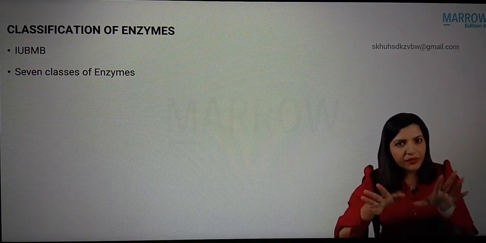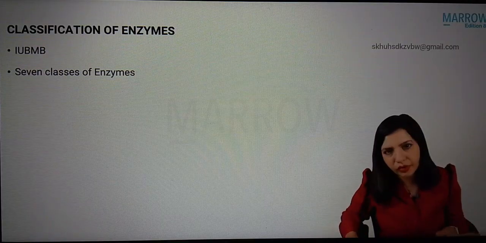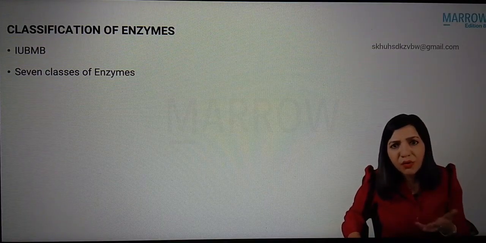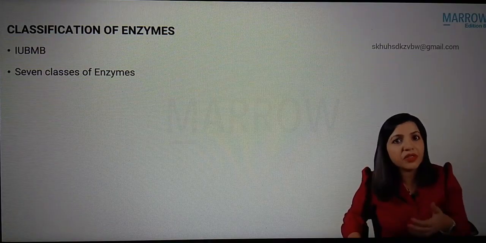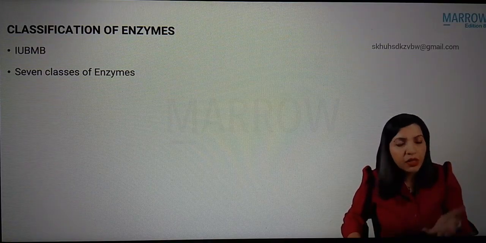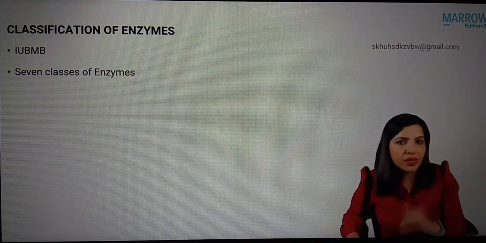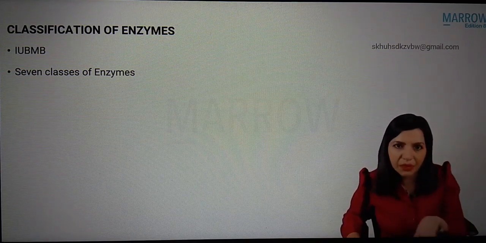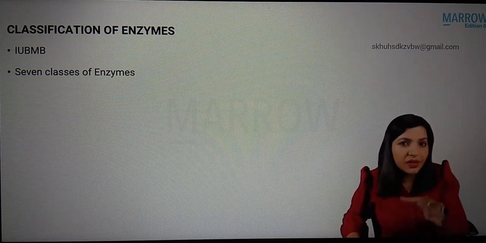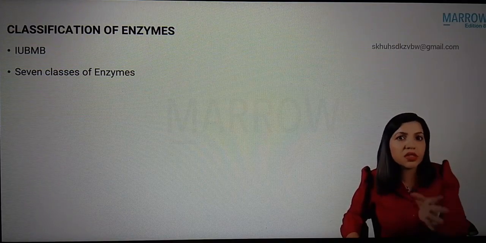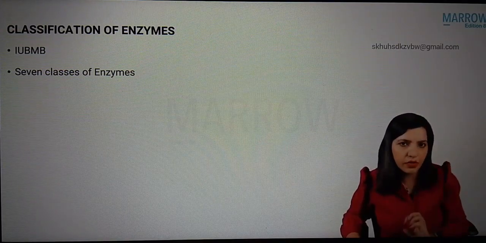But trivially, we are giving the same name, galactosidase. Like that, there are so many enzymes which are named after their reaction mechanism. If two enzymes have the same reaction mechanism, we give the same name. It creates confusion, because which enzyme it is will always be a confusion.